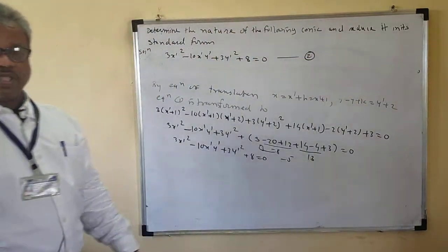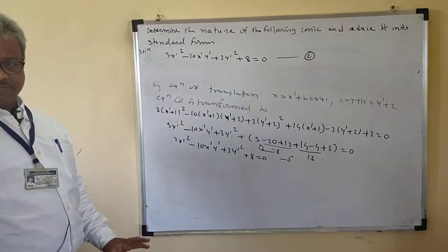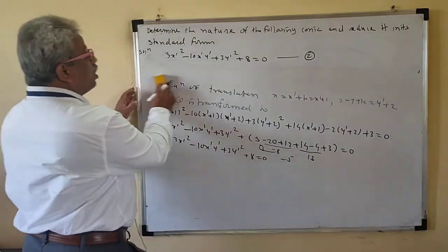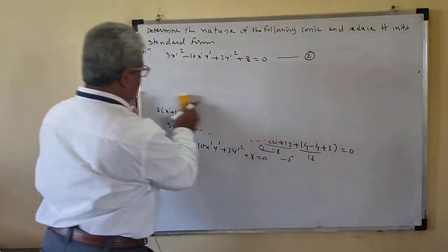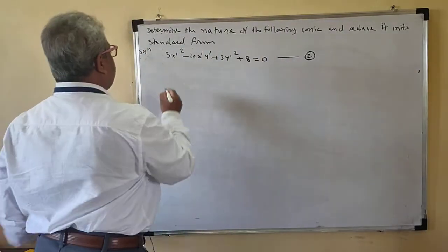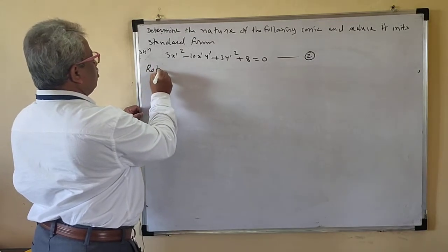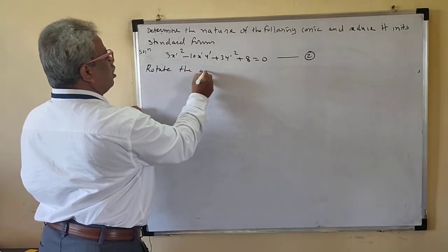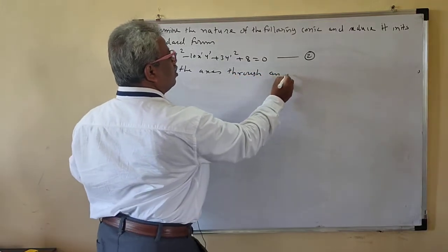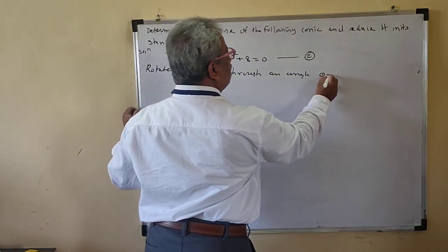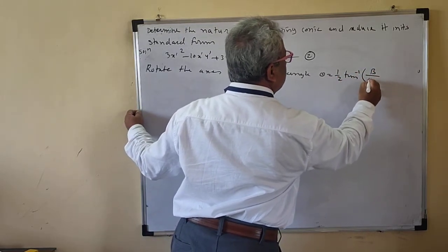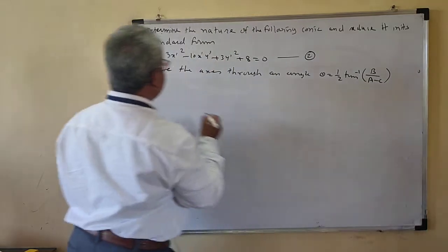So what I did is remove the first degree terms. Now I have to remove the product term. So rotate the axes through an angle theta equal to 1/2 tan inverse of b upon a minus c.